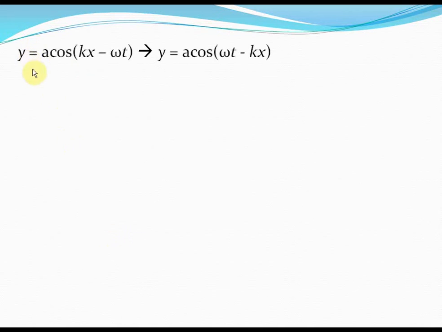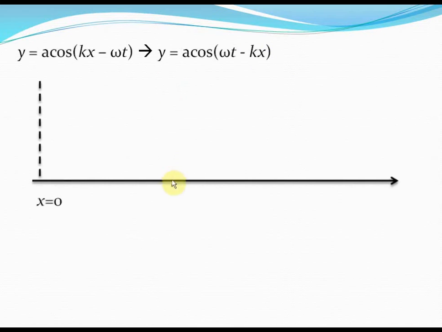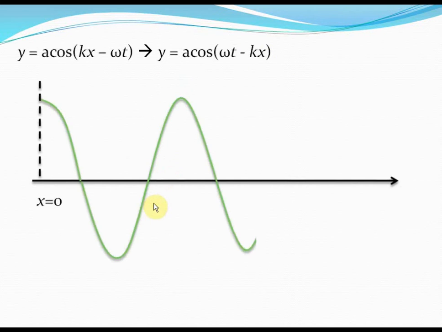Now our current equation is of the form y equal to a cos(kx minus omega t). Since we are used to representing a wave as a sine or cos(omega t minus kx), we can clearly rearrange these expressions to get y equal to a cos(omega t minus kx). Now let's have a look at what's happening.